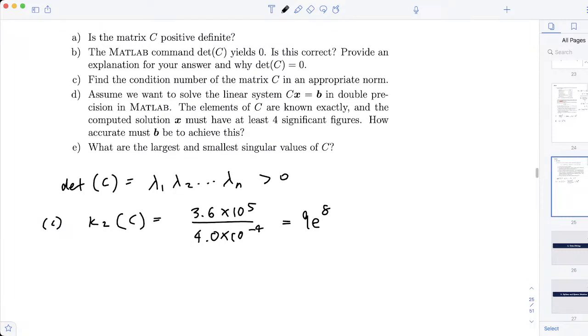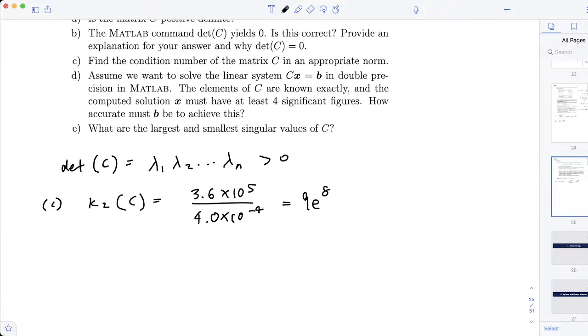The key thing to remember is the formula that we have, which is that the relative error of x is just equal to the condition number, this time we're dealing with the 2 norm, so we can just use that, times the relative error of C plus the relative error of B, and we just use these symbols to denote that.